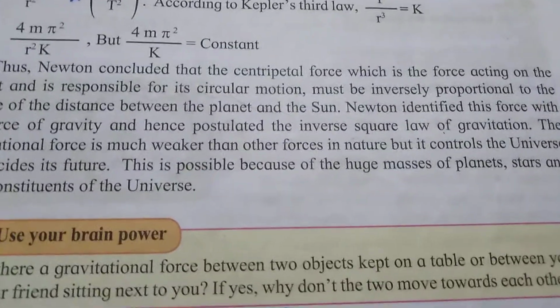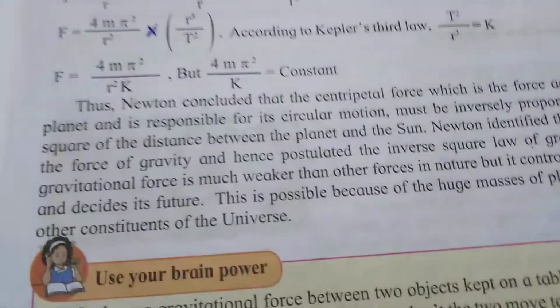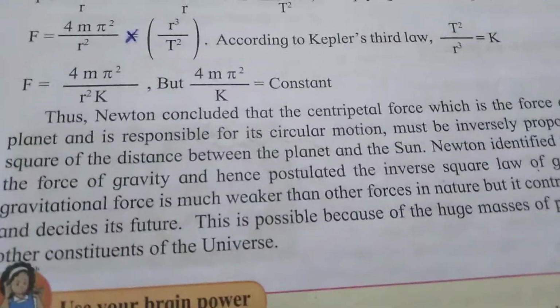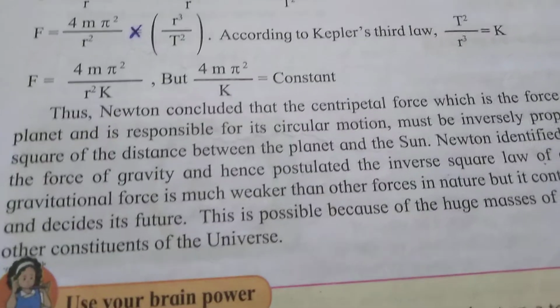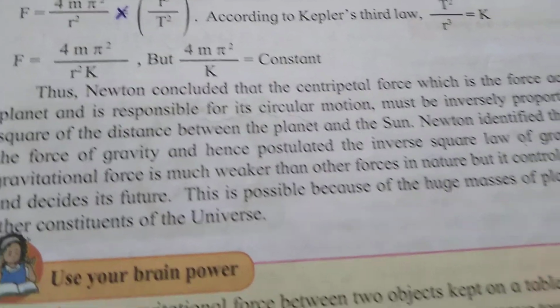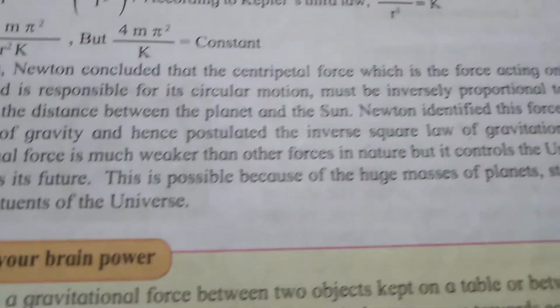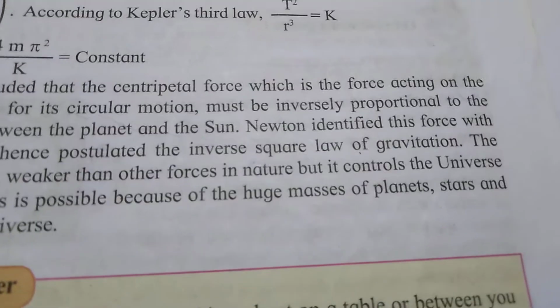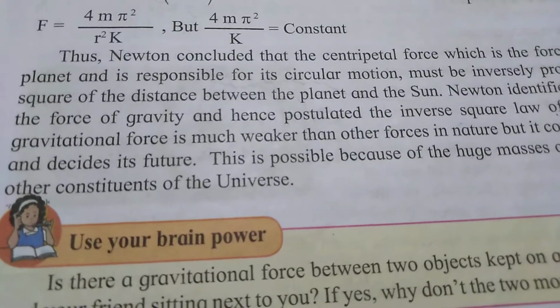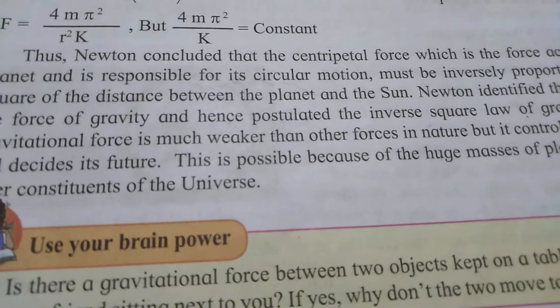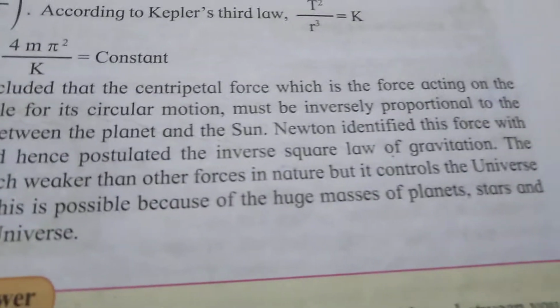Newton also identified this force with the force of gravity, and he told that this centripetal force is nothing but the force of gravity. And then he made one more law known as the inverse square law of gravitation. And the gravitation force, he also told, is much weaker than other forces in nature.